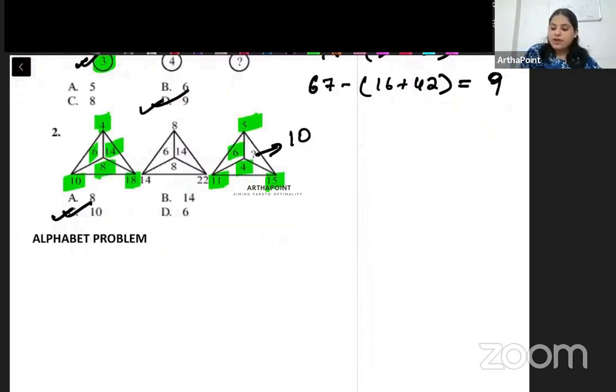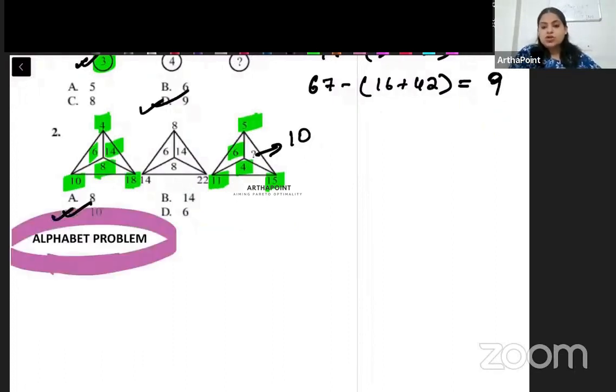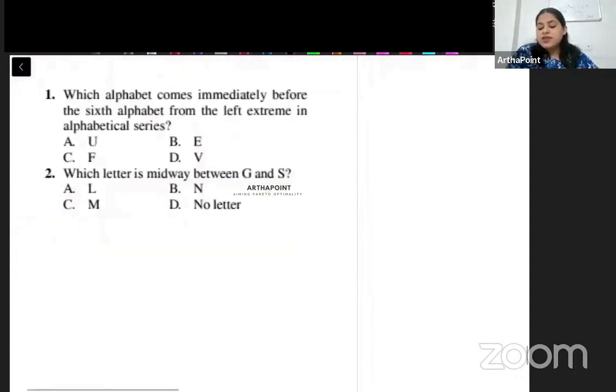This is called alphabet problem. Again, it is within the logic. So in alphabet problem, it is saying: which alphabet comes immediately before the sixth alphabet from the left extreme in the alphabetical series?